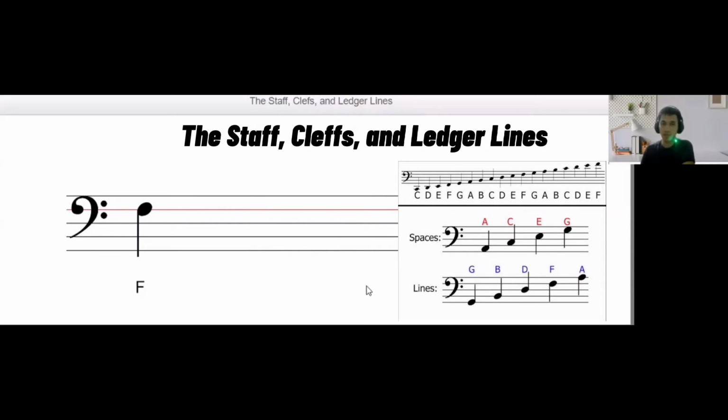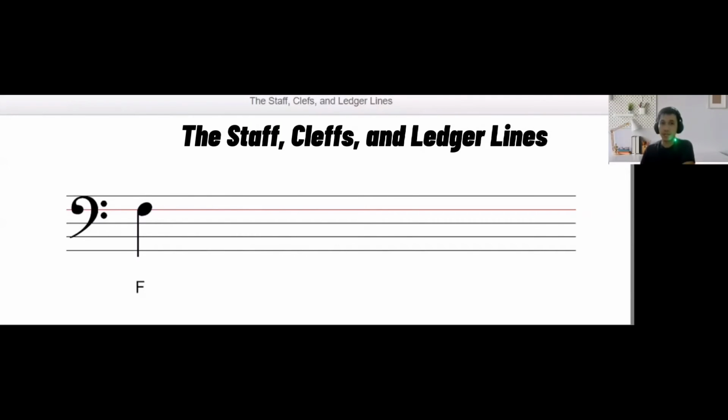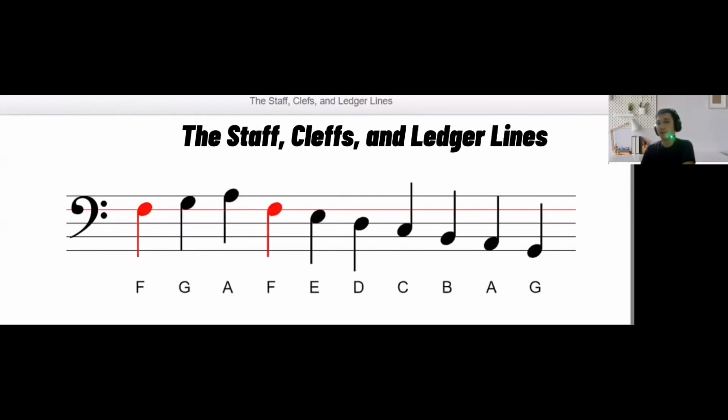You can use those acronyms to easily identify and remember the notes on the lines and on the spaces. We can now fill the rest of the staff with the notes. These are the notes on the lines and spaces of your bass clef, or F clef.